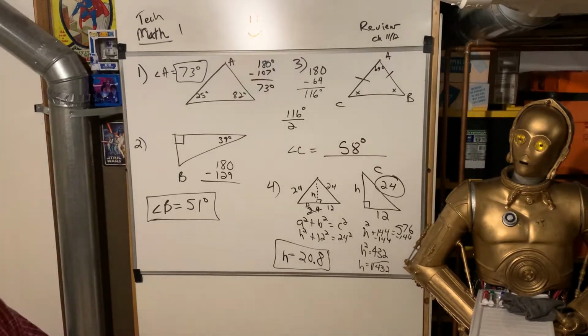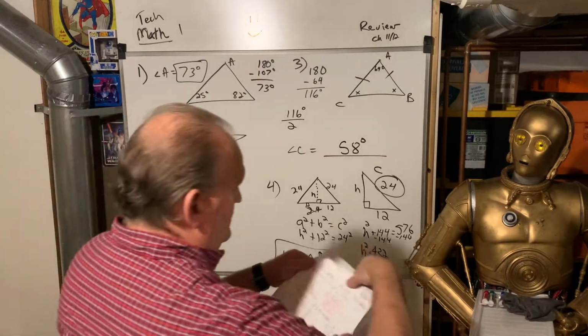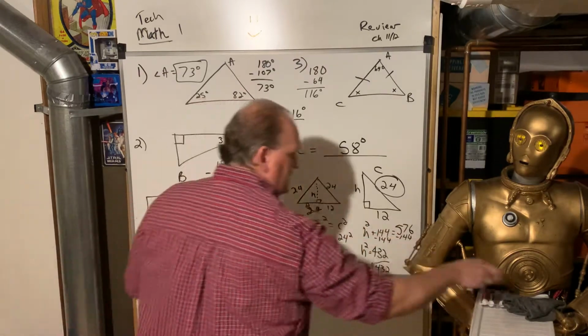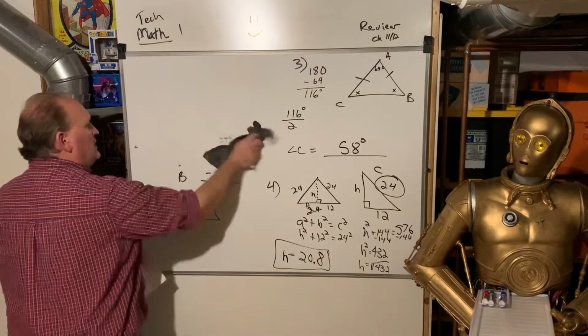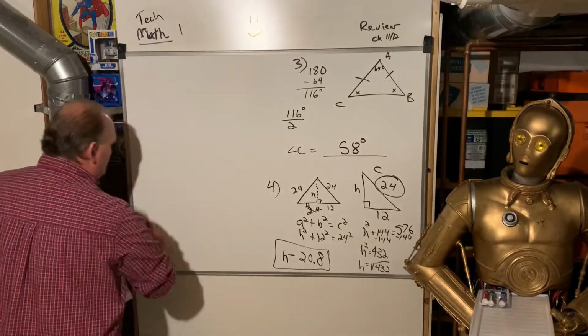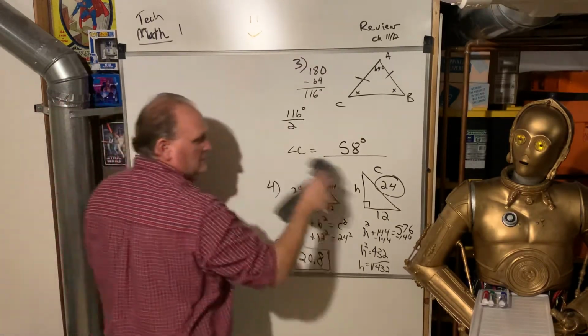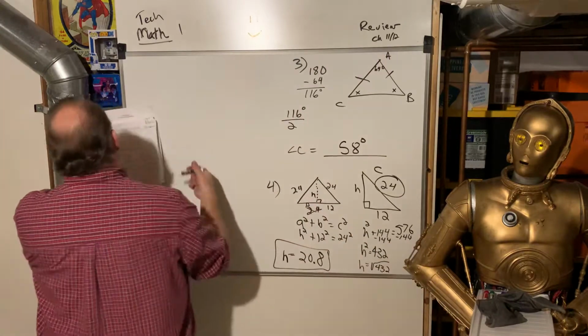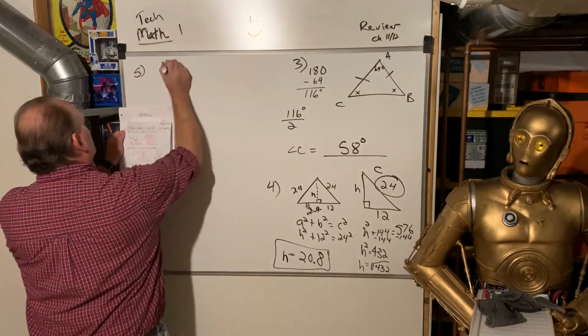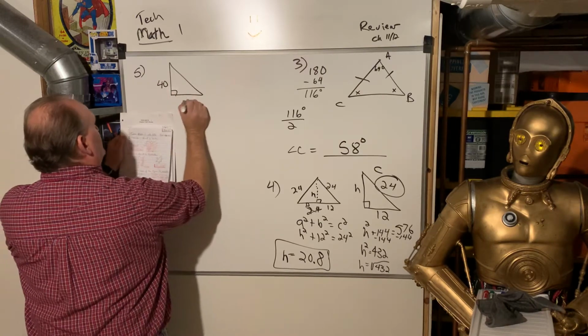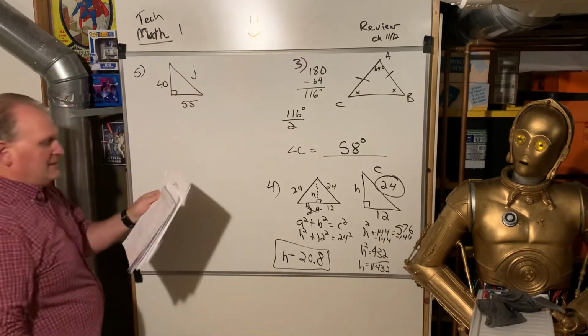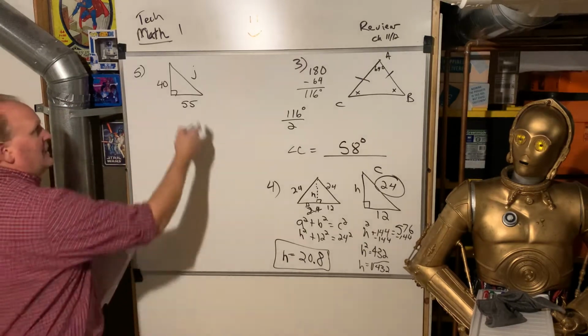So on the next page, we've got pretty much the same as this, only they're going to have you find the hypotenuse. So instead of squaring the sides, subtracting and taking the square roots, you're going to square the sides and add them and take the square roots. They give you a 90-degree triangle, sides 40 and 55, and it's missing side J, which is the hypotenuse.